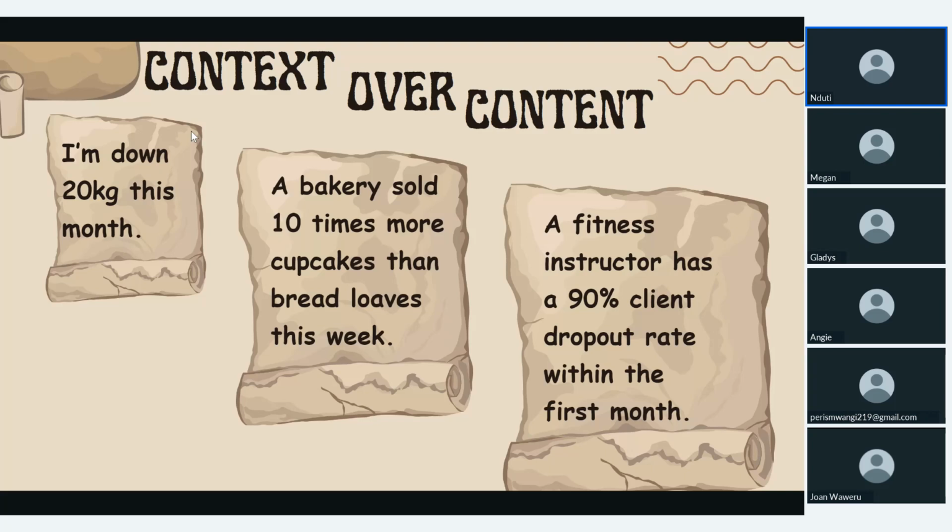Hence, people buying more cupcakes. Probably it's now the only item on our menu, and out of frustration, people are just walking in and saying, "Okay, if you guys don't have bread, just give me a cupcake because I'm hungry and I have my tea here. I'll have this, but I'm disappointed." So, context. And the last one here: a fitness instructor has a 90% client dropout rate within the first minute.